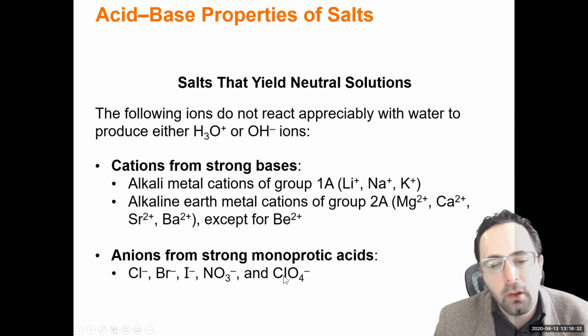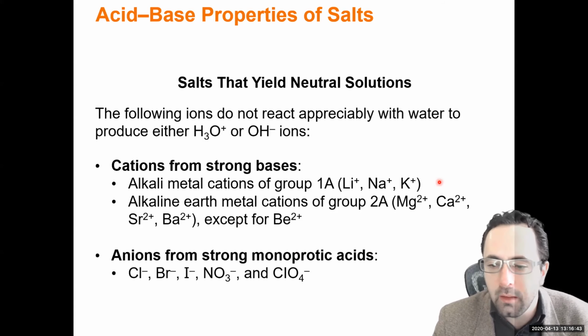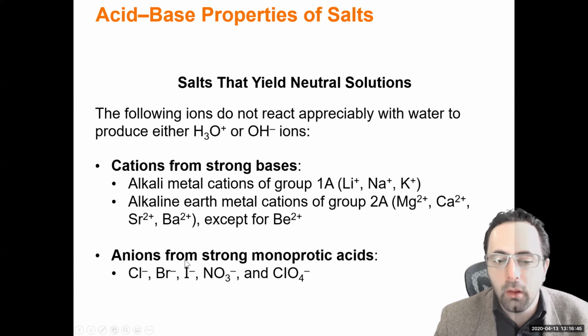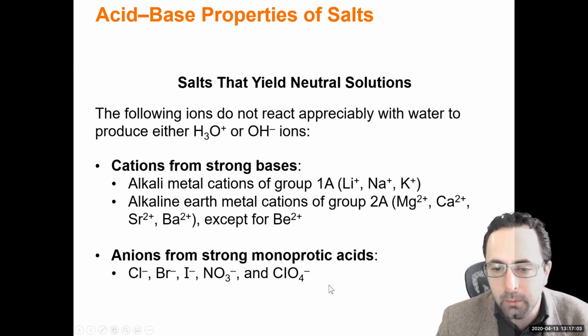All of this has to do with the fact that if a salt was formed from a cation from a strong base, these guys here, and an anion from a strong acid, such as HCl, HBr, HI, and so forth, these would make salts that are neutral.